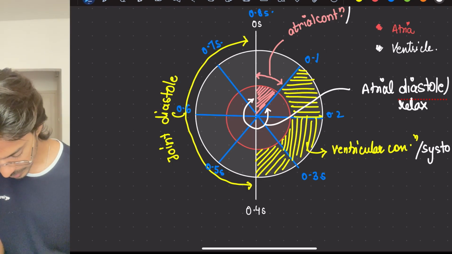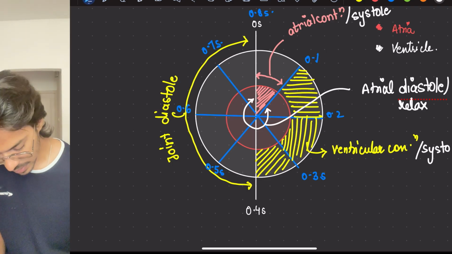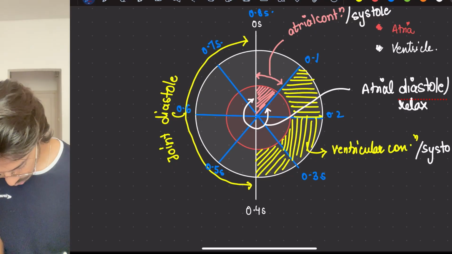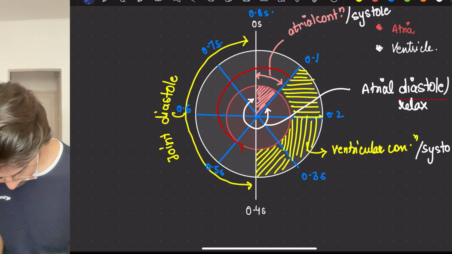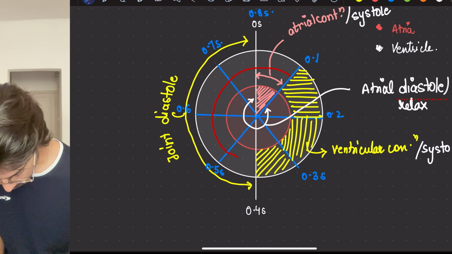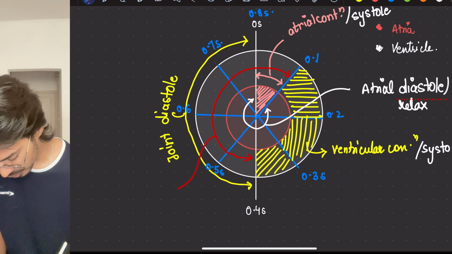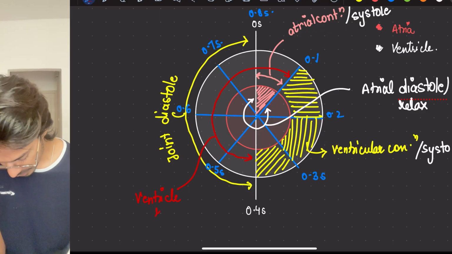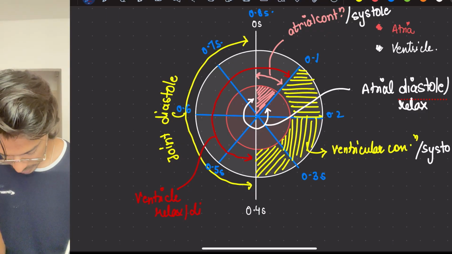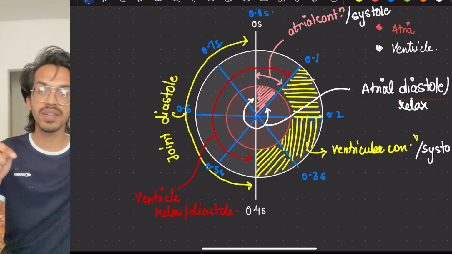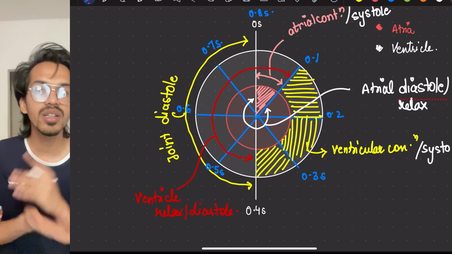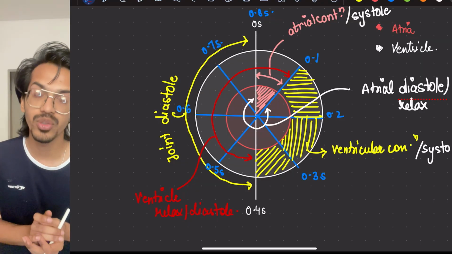Moving on, this area, from here to here, is when the ventricles are in relaxation or diastole. So they can just make this circle and ask what is being represented, which seconds to which second represent what. So this is the cardiac cycle that you have to remember.